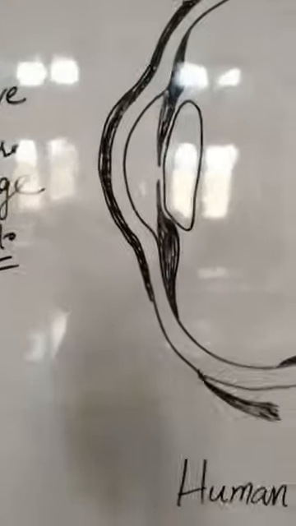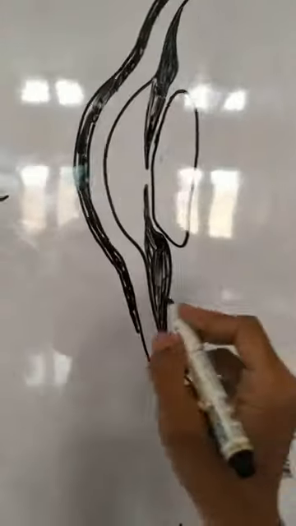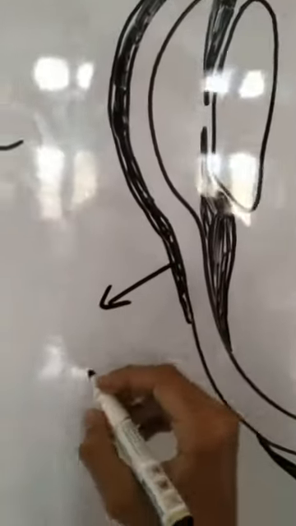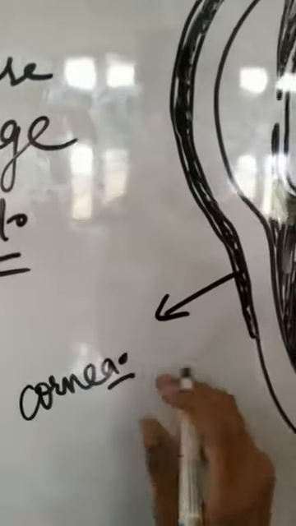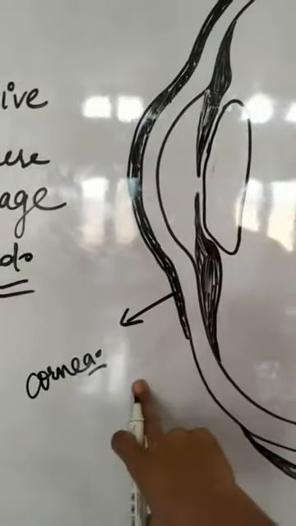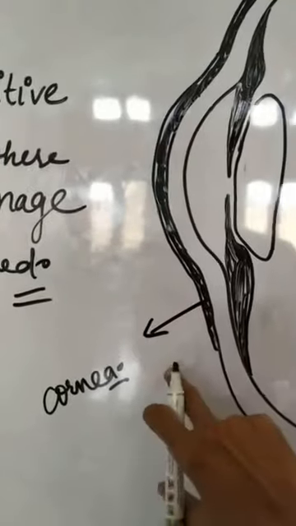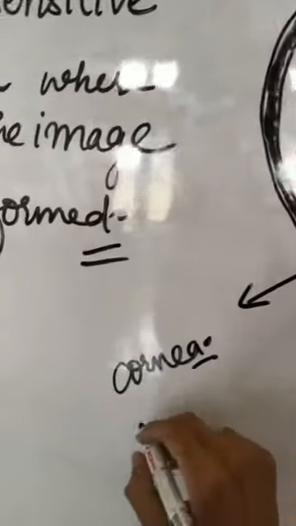So the second part which we are going to discuss is cornea. Cornea is a thin membrane from which light enters in our eye. I am repeating.